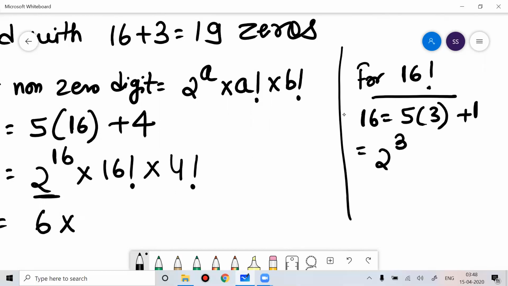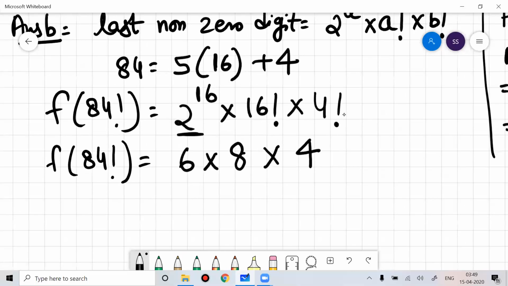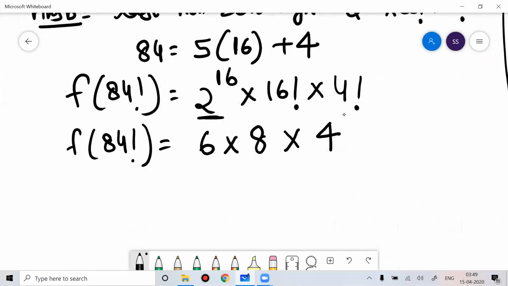Automatically this will become 2 to the power 3 into 3 factorial into 1 factorial. 2 to the power 3 is 8, 3 factorial is 6, into 1. So the unit digit would be 8. 8 6 is 48. So 16 factorial is 8, and 4 factorial is 24. Always remember the last non-zero digit is always an even number. Why an even number?